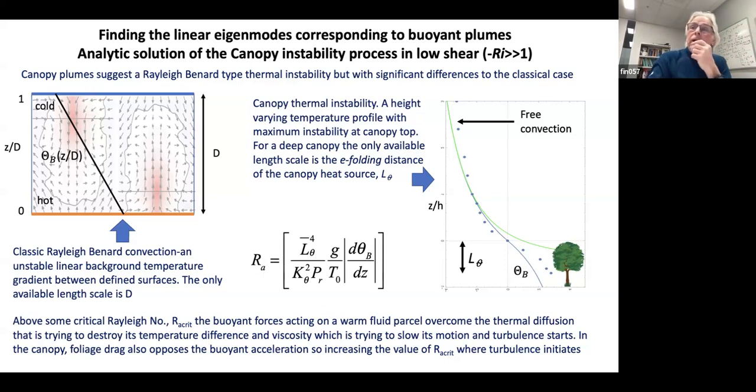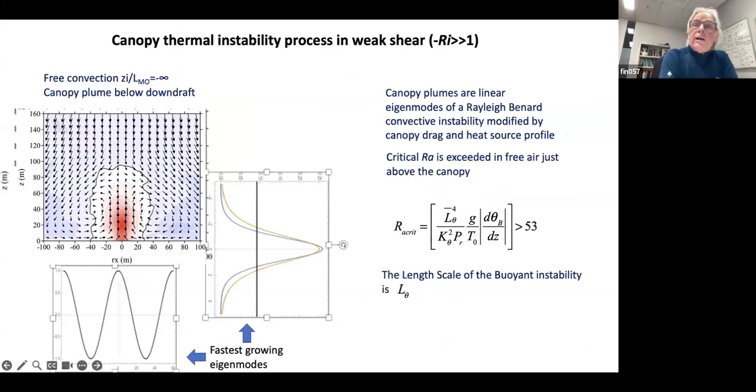And in the case of here, we also have to include the drag of the canopy because that has to be put in as well. So we can produce a modified Rayleigh number and test whether we actually observe what this linear eigenmode theory suggests is happening.